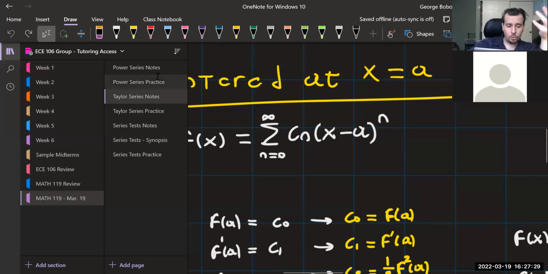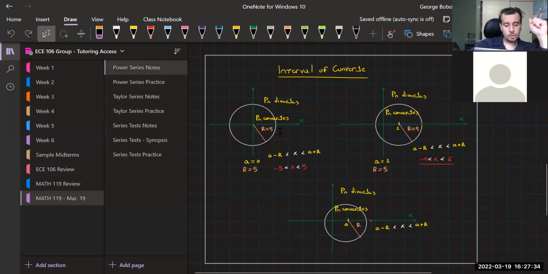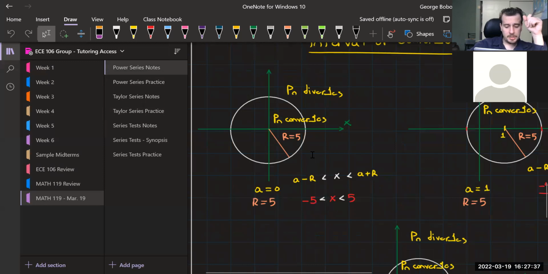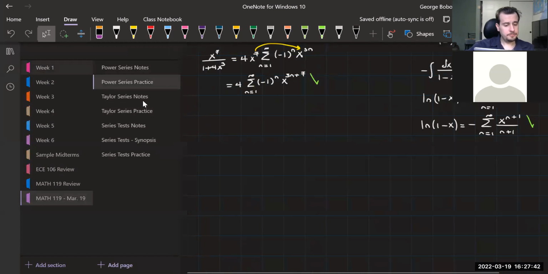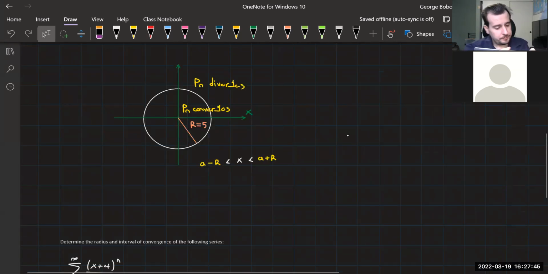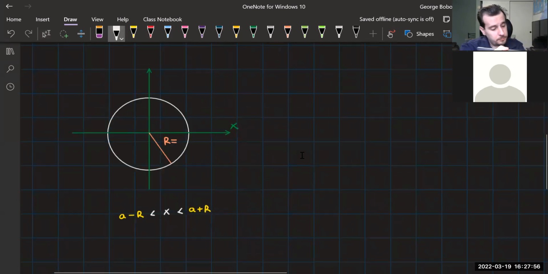So I want you to think about the whole topic here in the form of a circle, okay? And I'll explain again really quickly what I'm talking about. I want you to think about it like this. So get rid of the stuff that doesn't matter. When you're doing the original power series that we were doing before, like the x to the n, when we're doing this guy, we said that he converges if x is less than 1. This is a must.